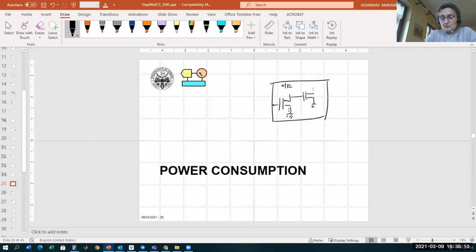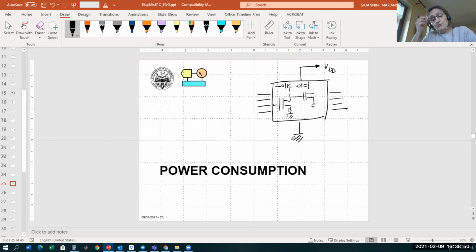Then you have all the PMOS part on the top, and so on. You can have 1,000 or a million of these transistors. The problem is that you have your inputs, your output, and everything is connected to ground and the VDD. How much power do we need, how much energy do we consume for making this circuit work? So we must be able to evaluate and calculate the power consumption.